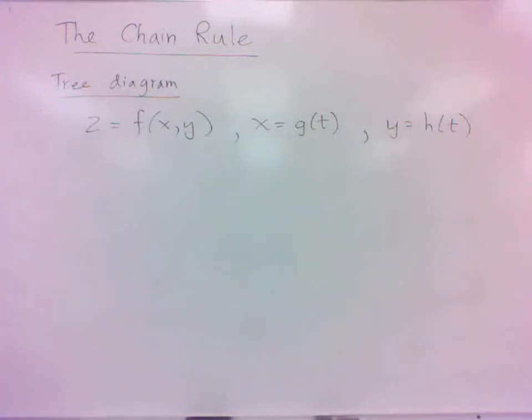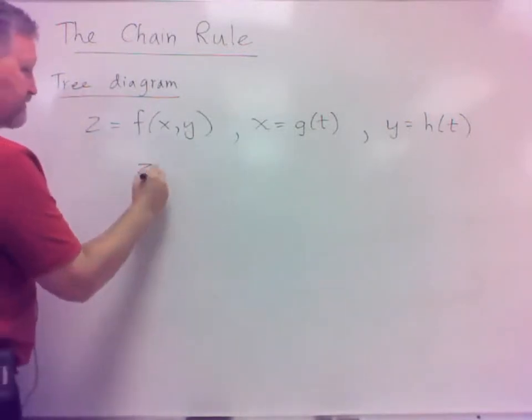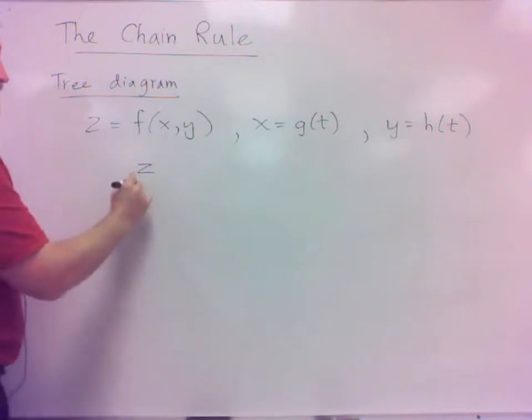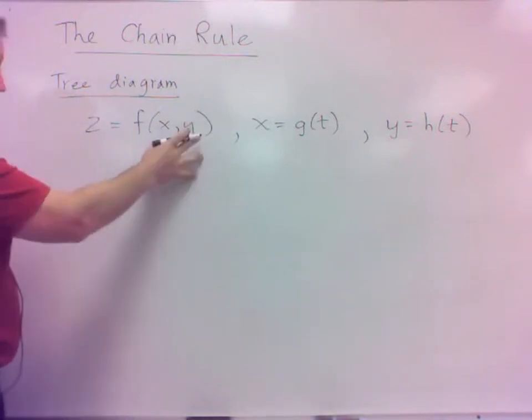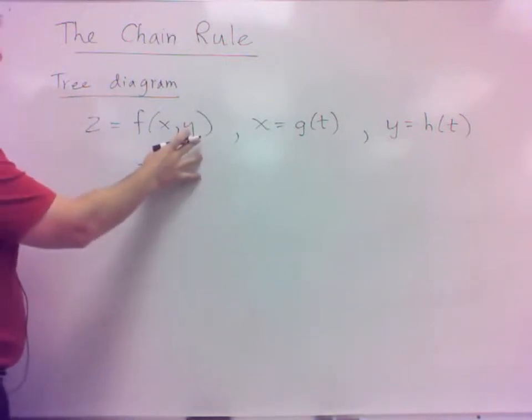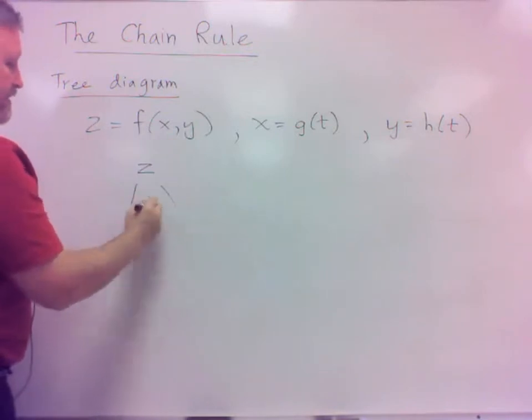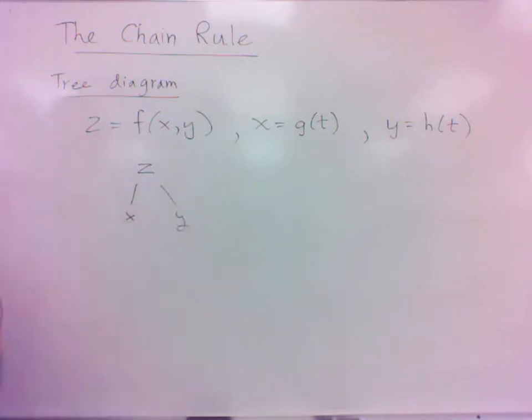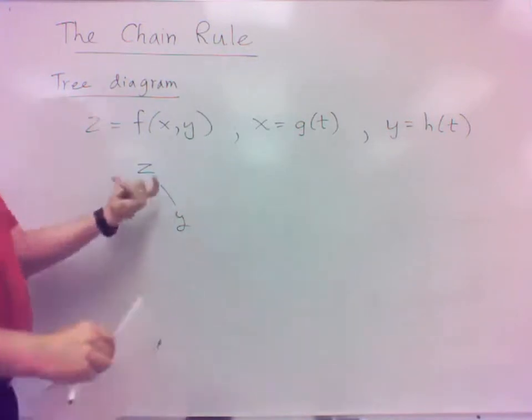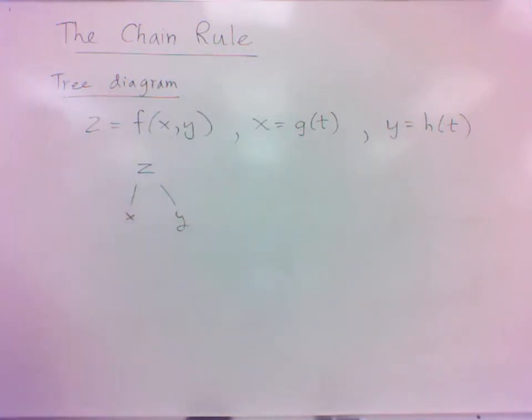So the tree diagram, what it is you start here with z, and it kind of branches off because it's a function of x and y. So it branches off, or we've got x and y, and those combine to make the z. Now we're not saying that that's how we form it, but it's some function of x and y.